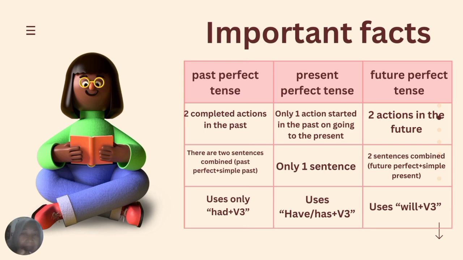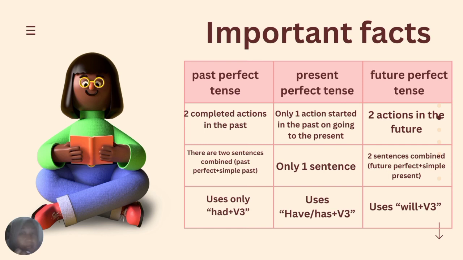Okay, everybody, next let's go on to the future perfect tense. The important facts about future perfect tense: first, there are two actions in the future. And the second one is there are two sentences combined. They are future perfect and simple present. Do you know the future perfect? Yes, it uses will, everybody.